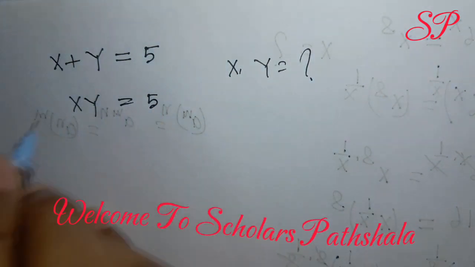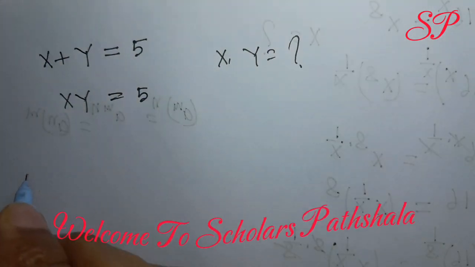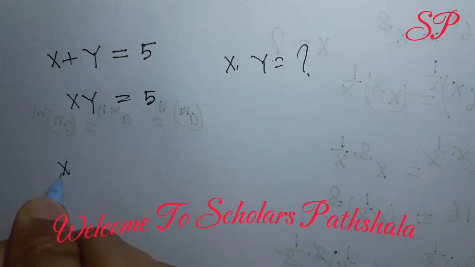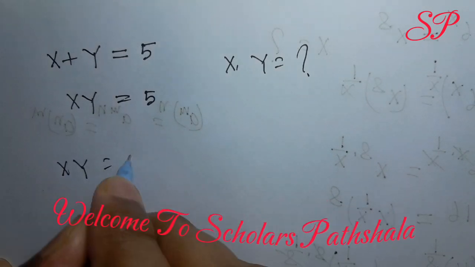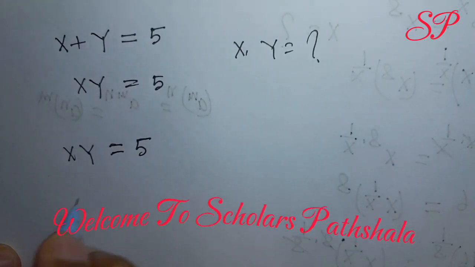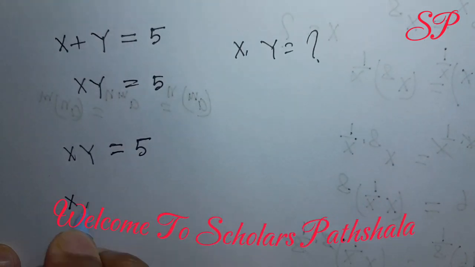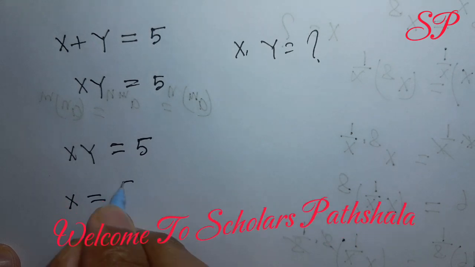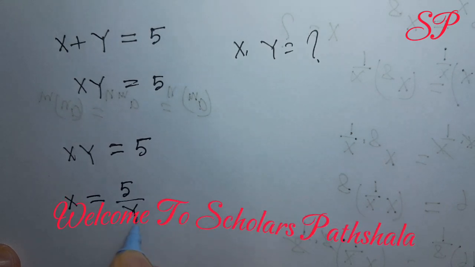Okay, from equation 2 we can write xy is equal to 5. Then we can write x is equal to 5 by y.